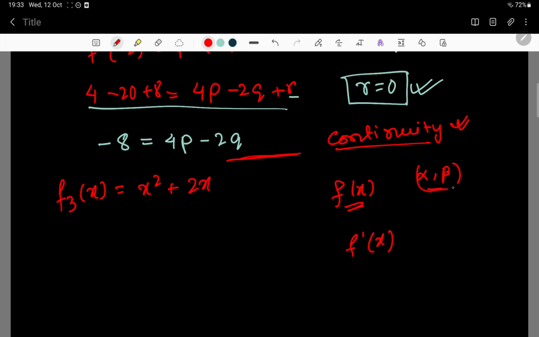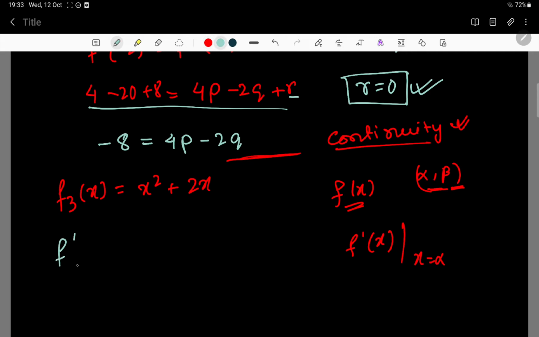To find the slope at alpha comma beta, we put x equals alpha, then we get the slope, and then somehow using coordinates we find the line, that is the tangent.